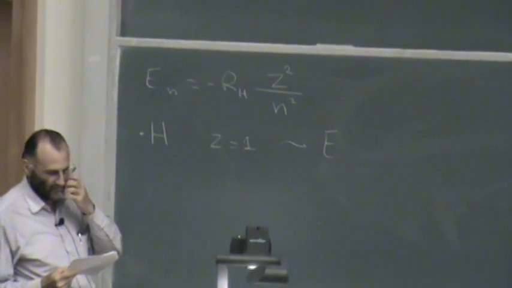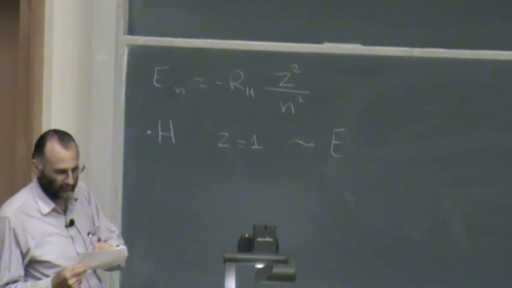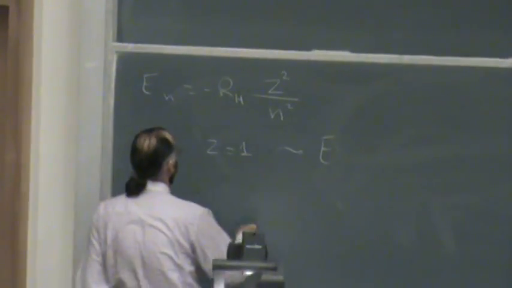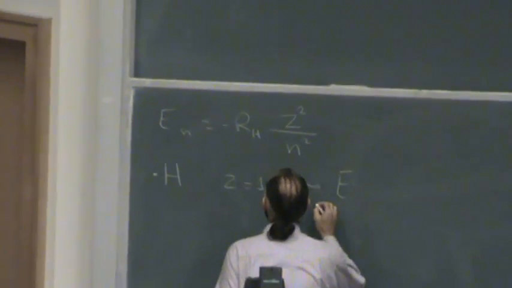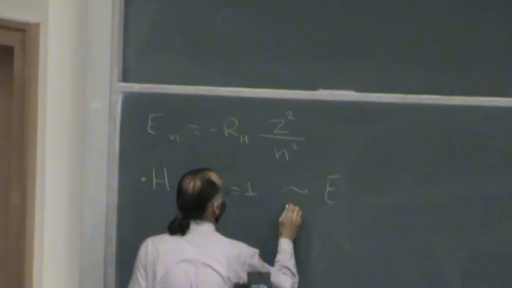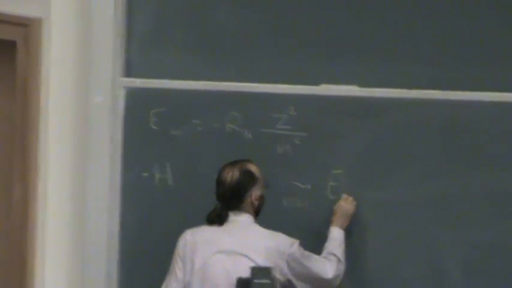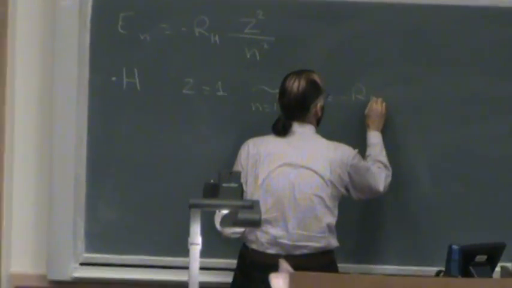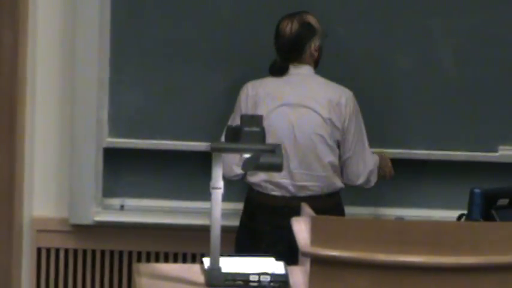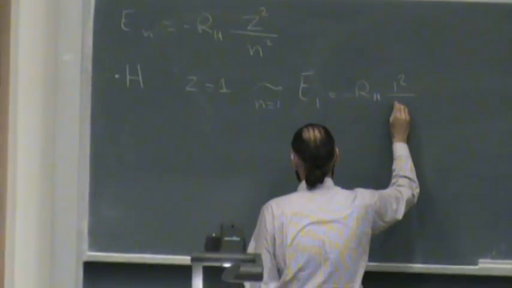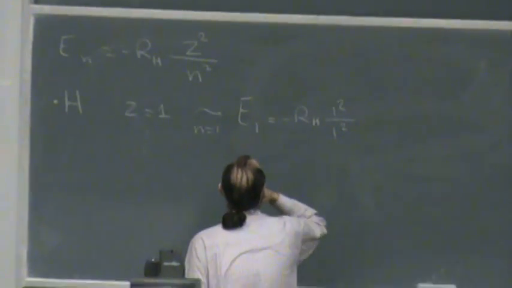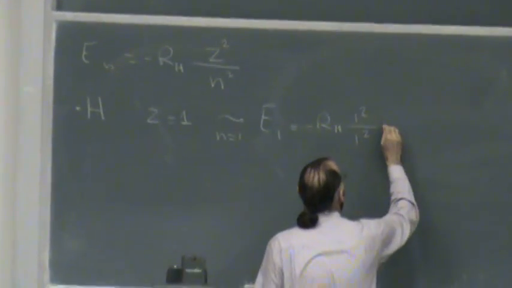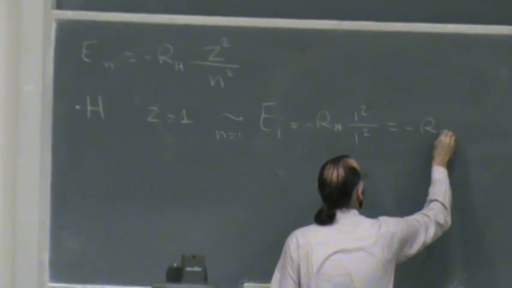The problem says the electron is in its first orbit, so n is equal to 1. So we have E1 equals minus RH times 1 squared over 1 squared. Atomic number and orbit are both 1, so that will make minus RH.